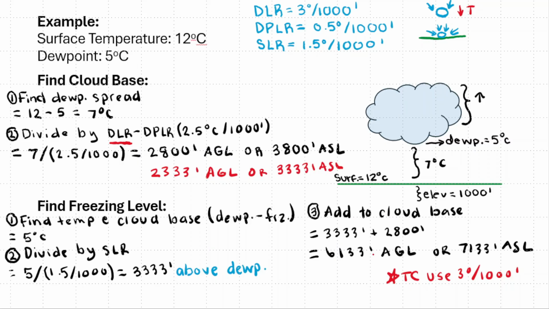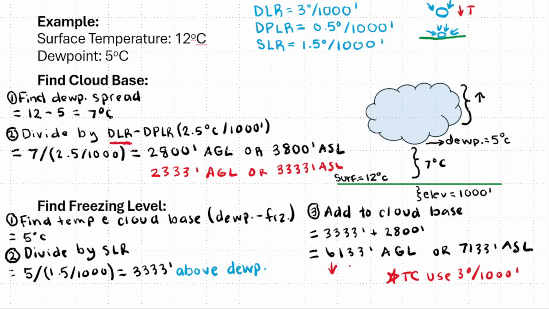If you were doing the freezing level, instead of adding the number we calculated here, the number above dew point, to the 2,800 feet AGL, you would instead add it to these numbers that you calculated here, the cloud base you calculated with the dry adiabatic lapse rate.